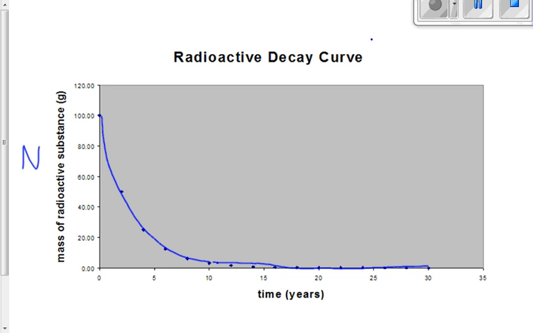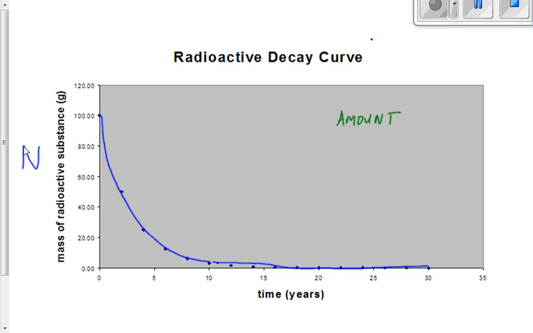The good news is all we have to be able to find for this graph are two things. And both of those things are really easy to find. The first thing that we may need to find is an amount. How much remains after 5 years? How much remains after 2 years? How much remains after 12 years?